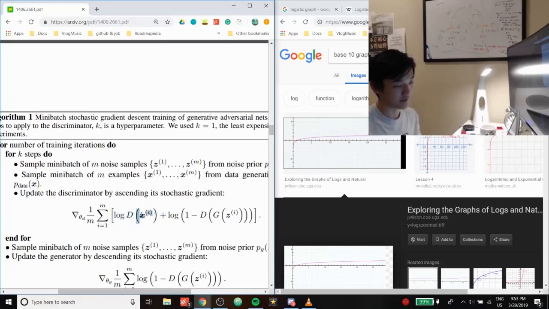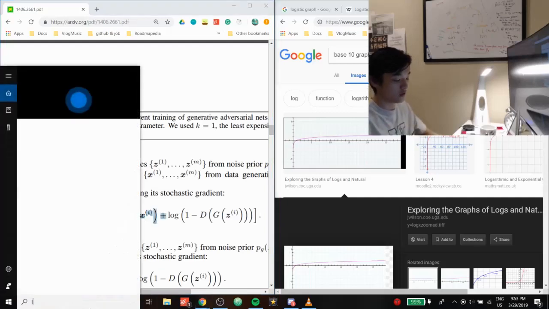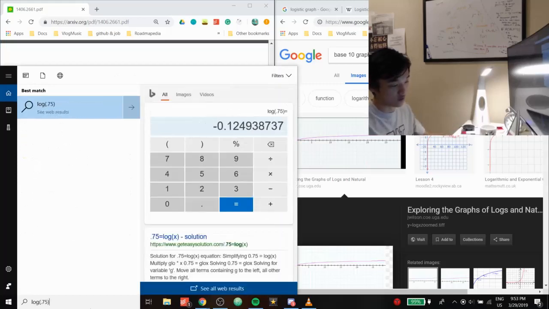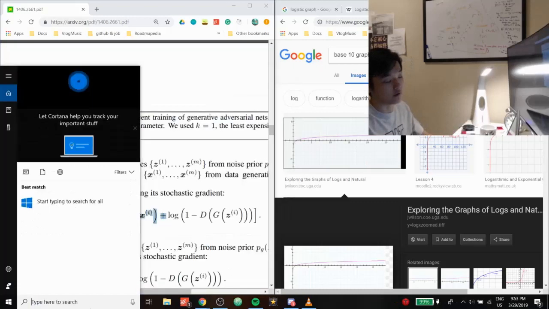But if we put in real data and it only has 75% confidence that it is from the original data set, then maybe we need to do some update here, because log of 0.75 evaluates to some number there.